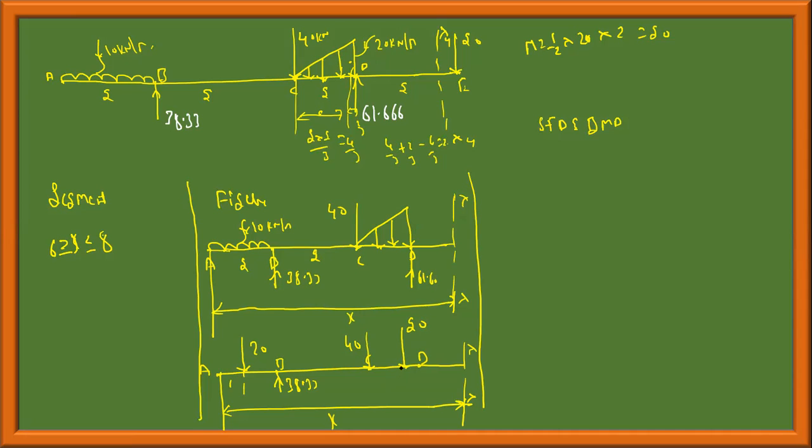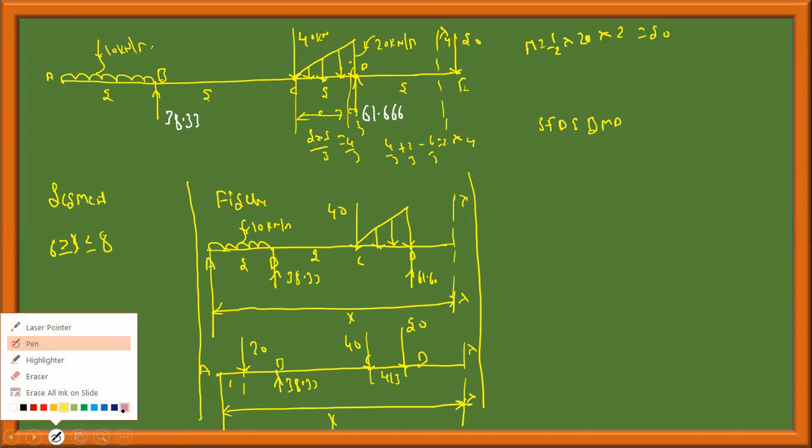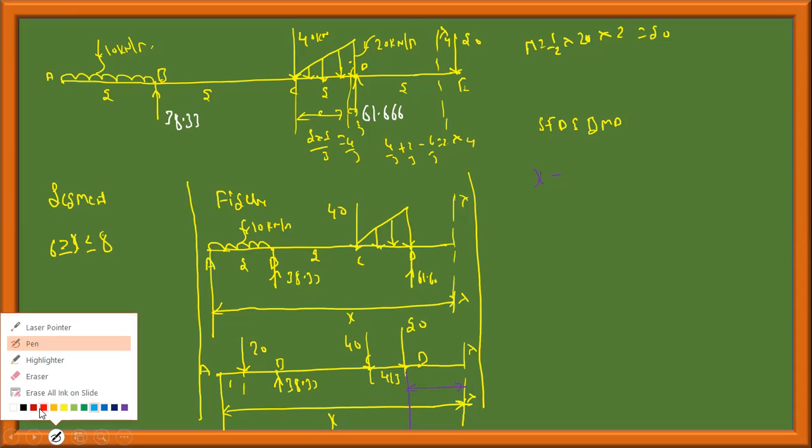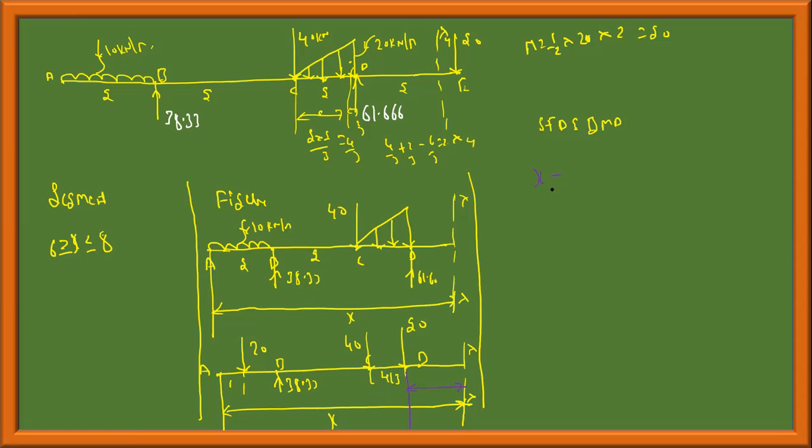Okay. Therefore, this distance is 4 by 3, and then this distance will be, I will write it here in the indicated blue purple color, x minus the distance I'm talking about, x minus 2 plus 2 is 4.